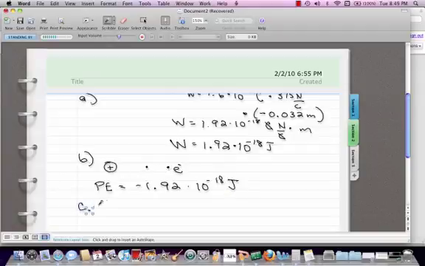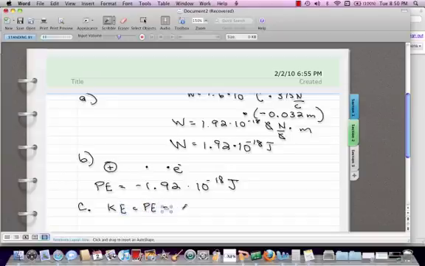And then it's asking about the velocity. So if it starts from rest here and goes to here, and uses this much energy, then I can say its kinetic energy is equal to its change in potential energy.